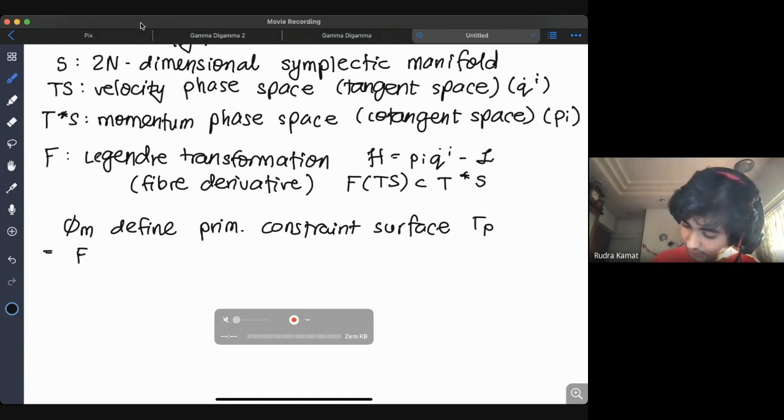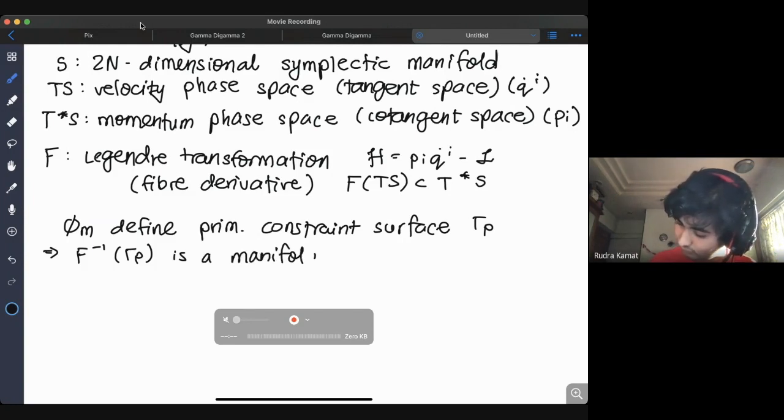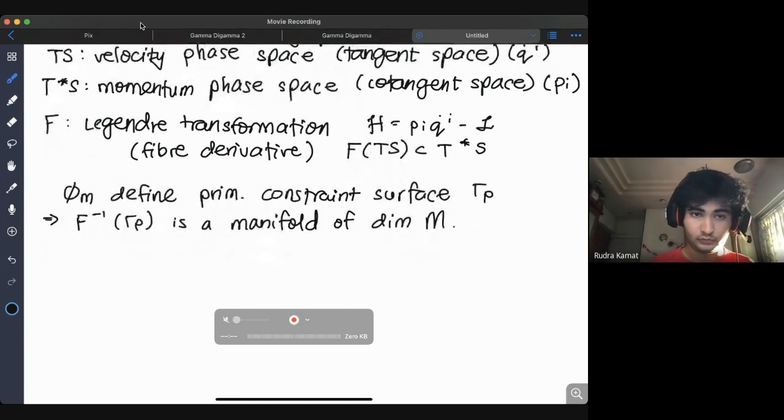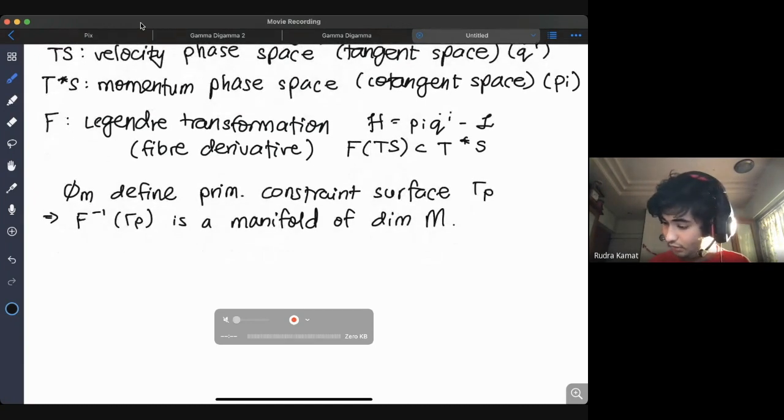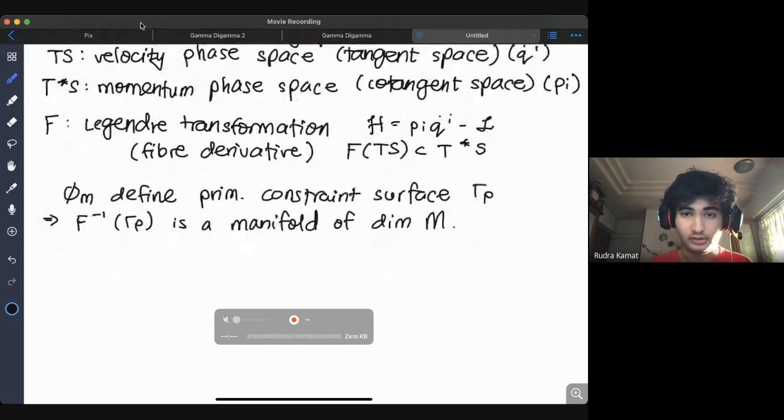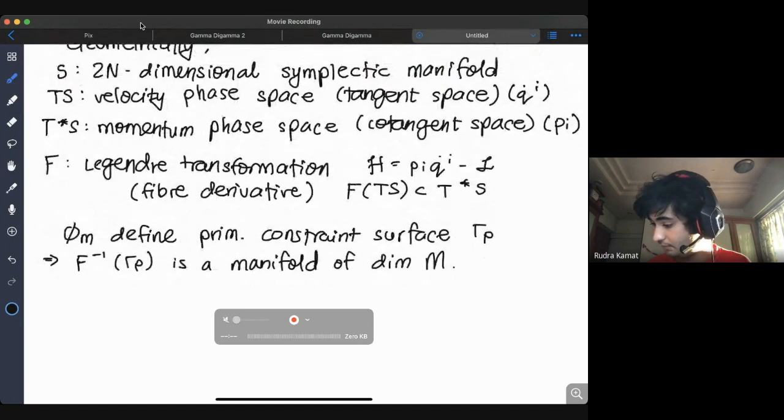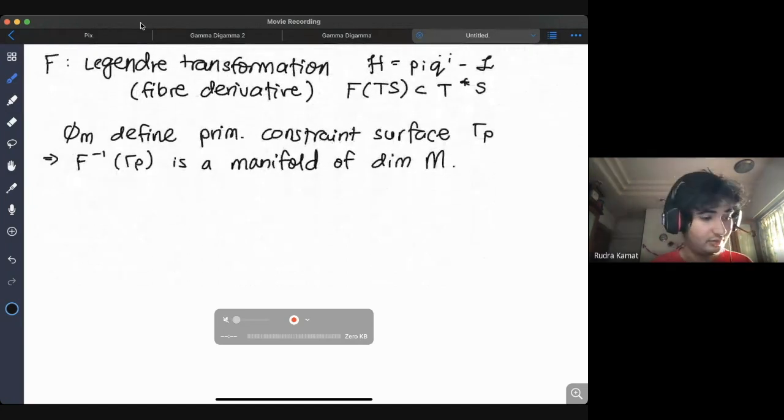And then you can see by extension that F inverse of gamma sub p is a manifold of dimension n. So what this did was it took the gamma sub p and placed it back in the tangent space, and this becomes a manifold of dimension m. You can check with the formal definitions of a manifold, but I'm just writing this for now.